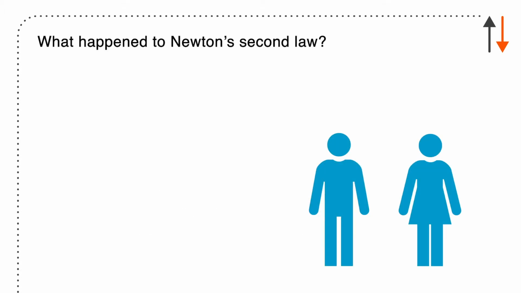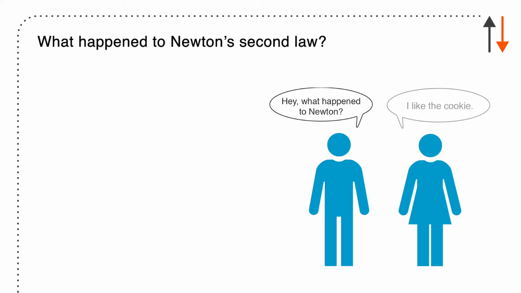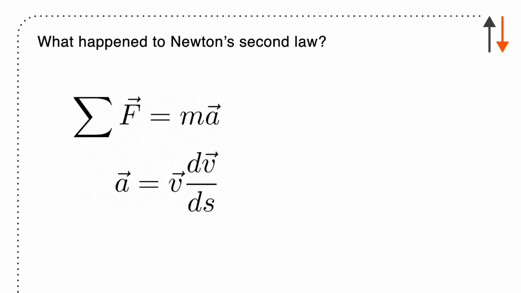And I keep telling you over and over that this course is entirely Newton's second law. And where is that going on? Well, we had the sum of forces is equal to mass times acceleration. In chapter 12 in Hibbeler, the particle kinematics chapter, we define this relationship for acceleration.